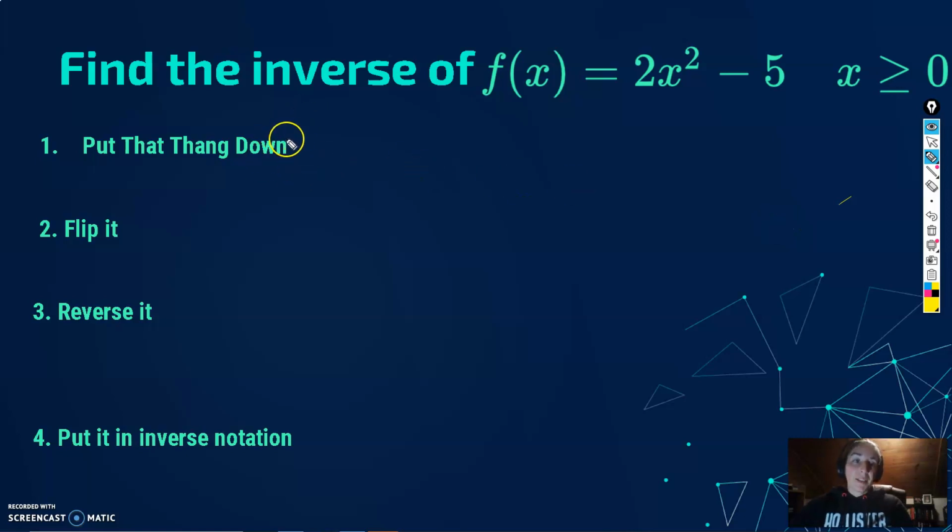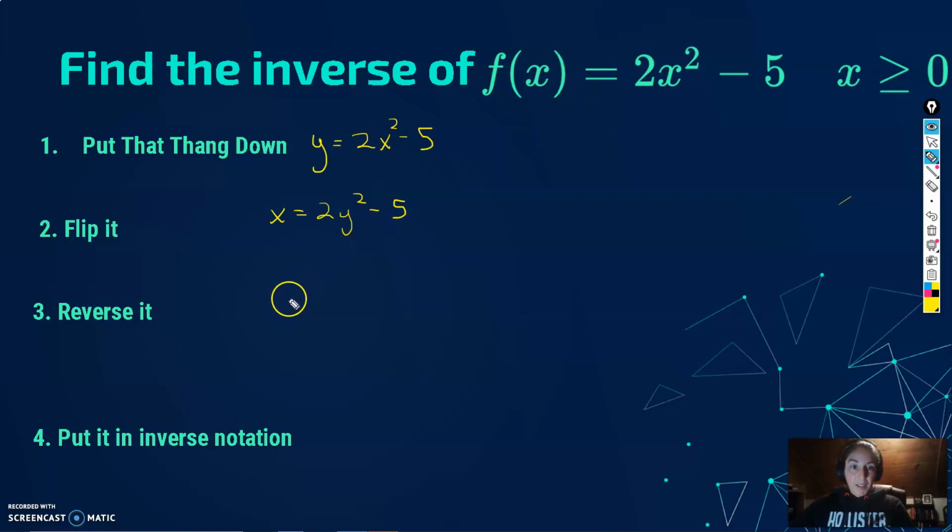Okay, so that being said, put that thing down, put that y down, y equals 2x squared minus 5. Flip it, x equals 2y squared minus 5. Reverse it, let's solve it for y.